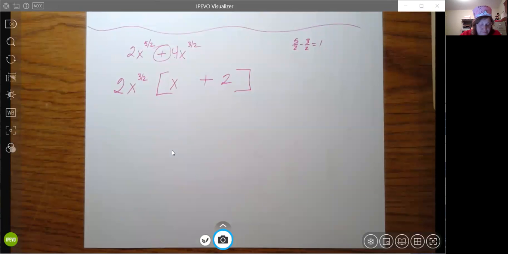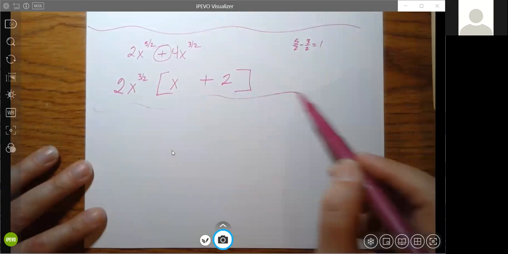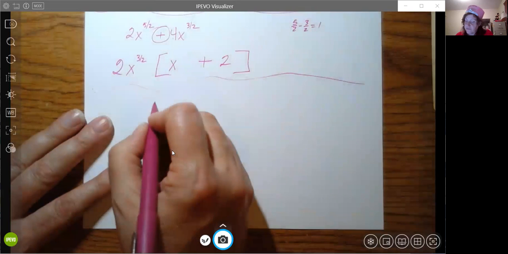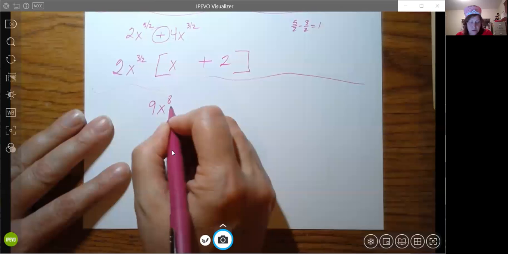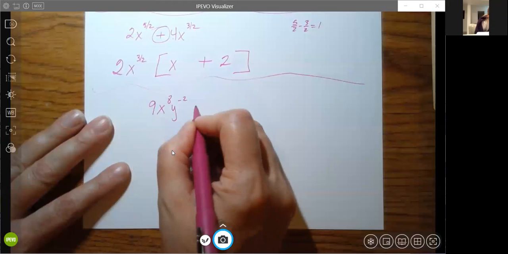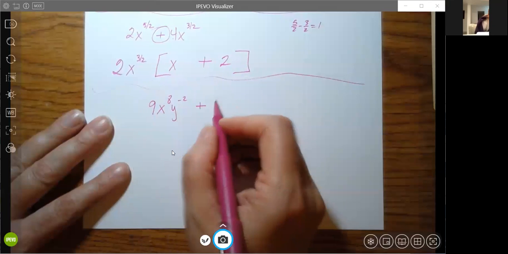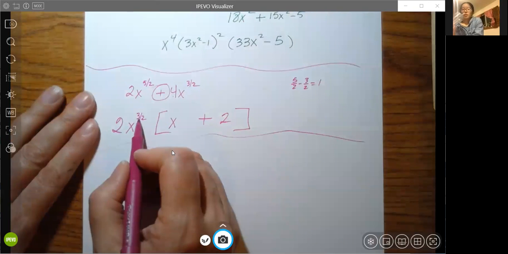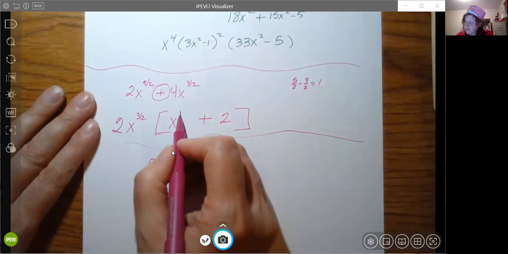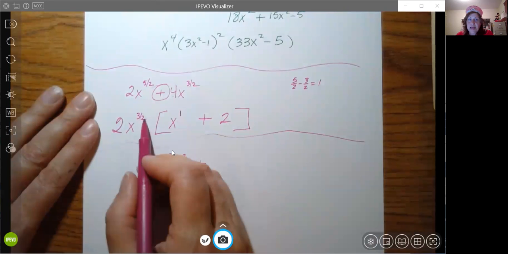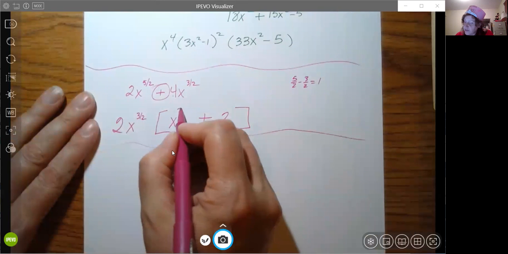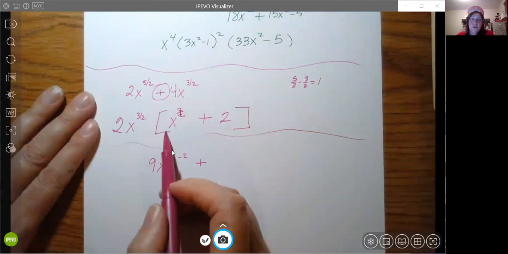Okay, questions? Part B has some negative. Yeah, go ahead. What happened to the 5 over 2 though? It has been broken up into the 1 that was here, and the 3 halves. Now 1 is a common denominator, 2 over 2.